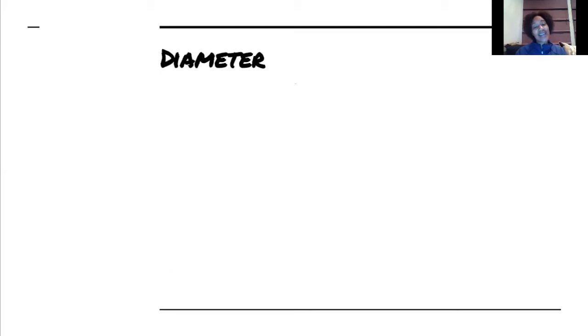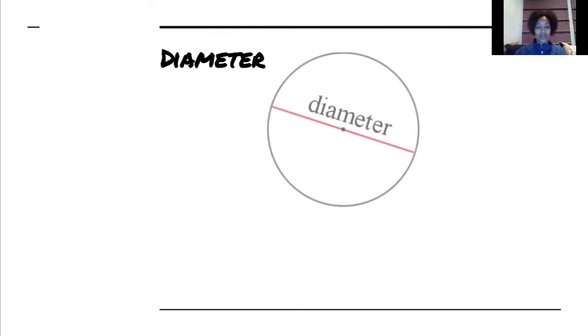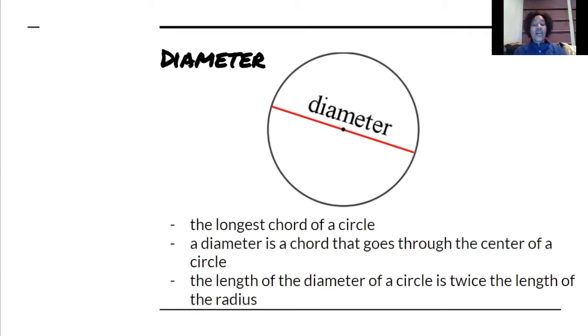We're going to move to diameter. Look at the diameter. If you think back to what we just saw in a chord, a diameter is an example of a chord because it touches two points on the circle. However, the diameter goes directly through the center of the circle.